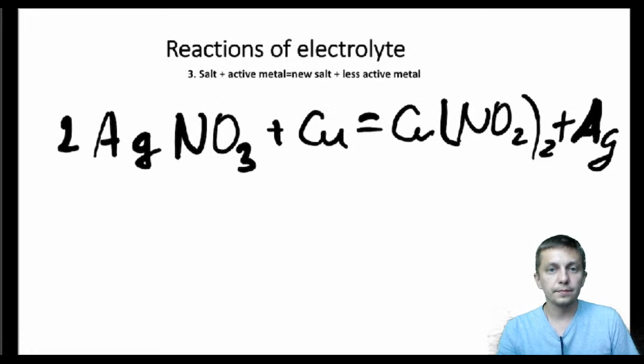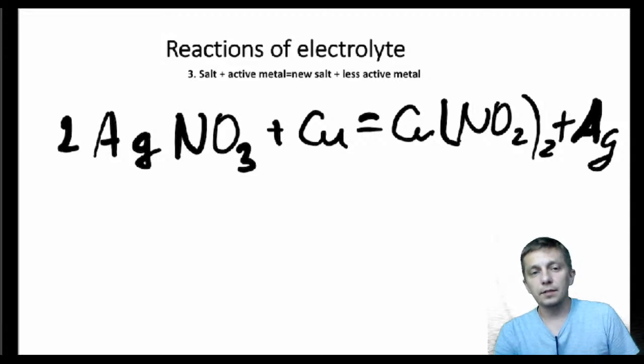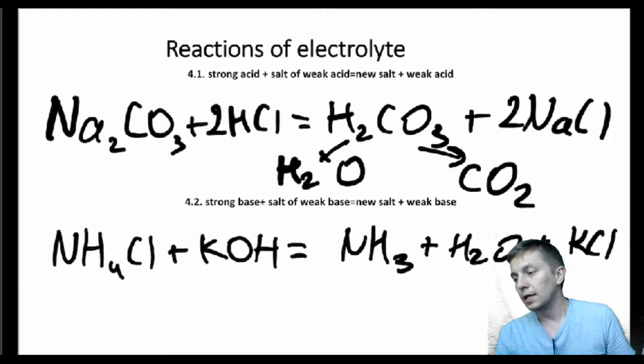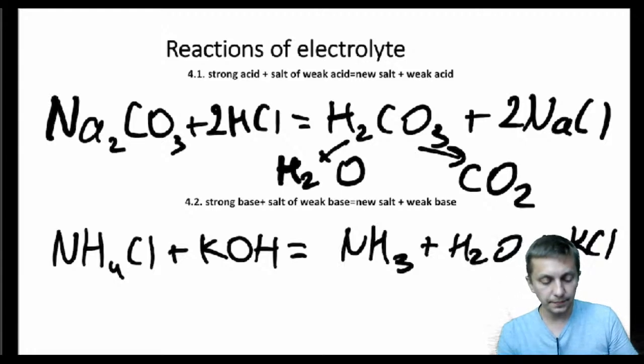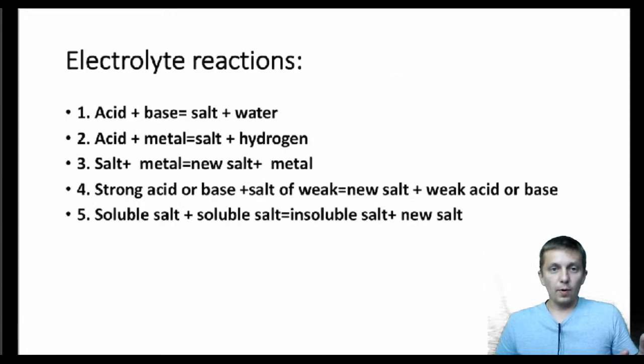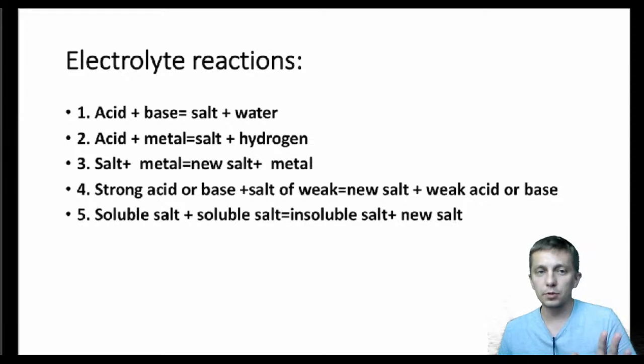When an active metal reacts with a salt of a non-active metal, a strong acid reacts with a salt of a weak acid, a strong base reacts with a salt of a weak base. And when two soluble salts react, they can form an insoluble salt. So all possible reactions we can group into these 5 groups. So if you're dealing with an acid, base or salt, a reaction is possible.